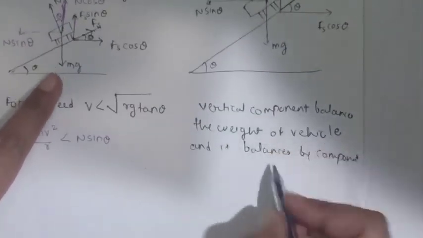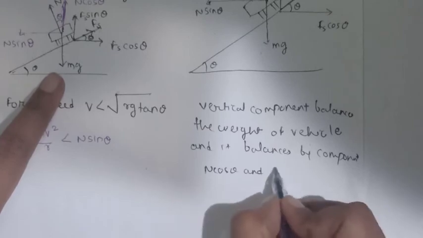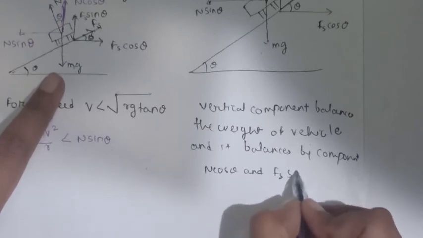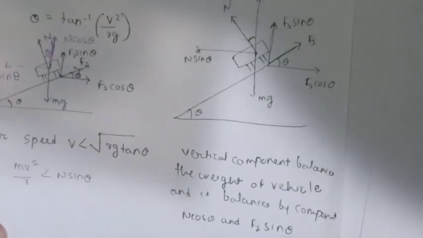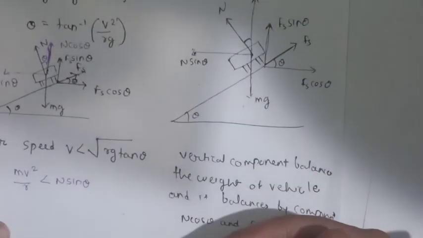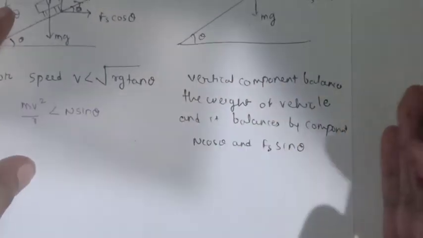So what is that? N cos theta and Fs sin theta. So how are you going to write it in mathematical form? mg is vertically downward and these two are vertically upward. So write down on this side downward and on this side upward.